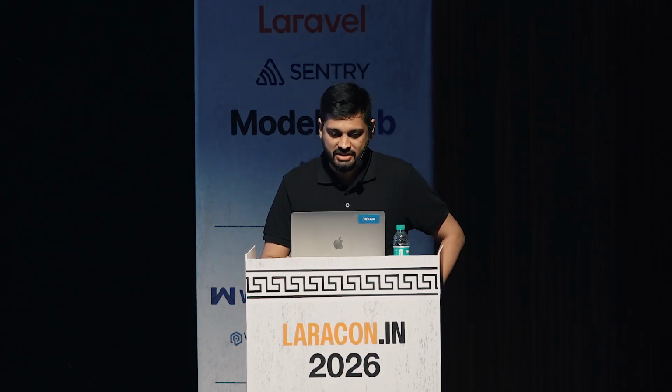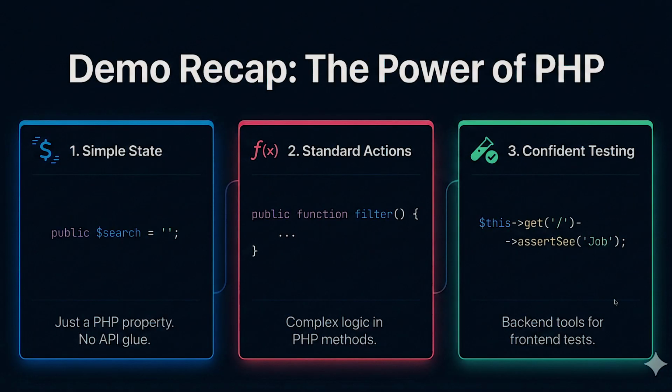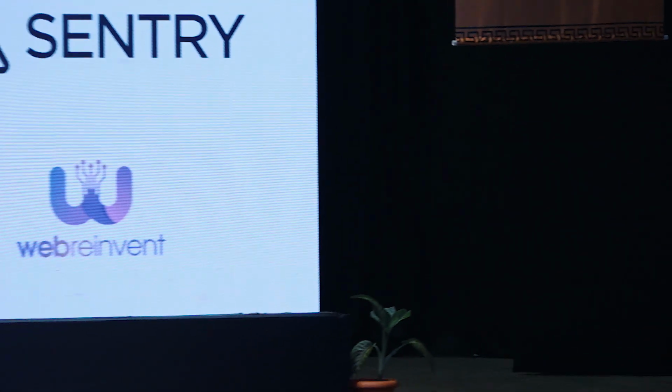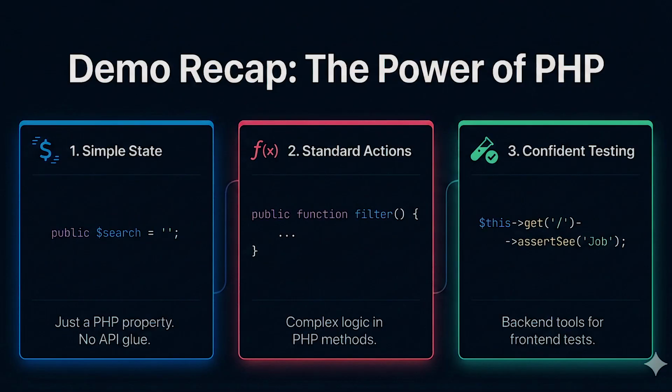Coming back to the slide. What we saw is we have just a PHP property, no API is required, no API glue, just a property became our state. Then with a single method which we added in our HTML, we were able to call a method called create alert, not filter of course, but the complex logic it was able to take care of.